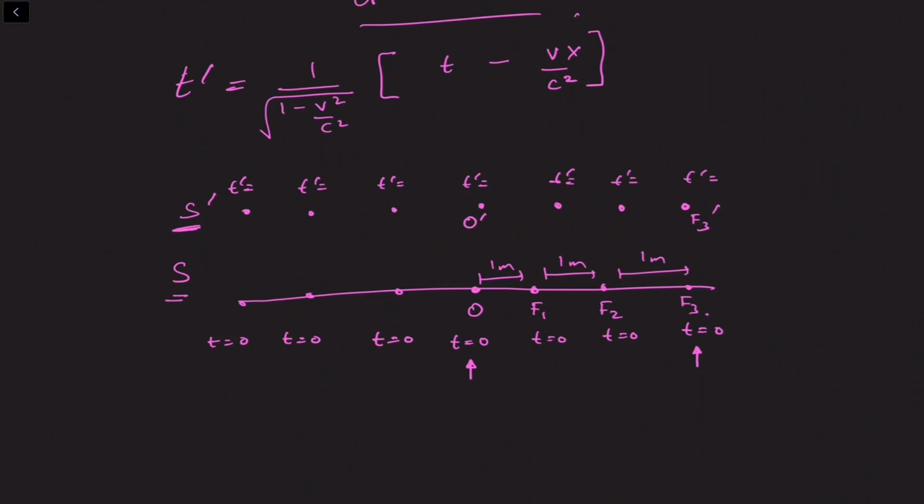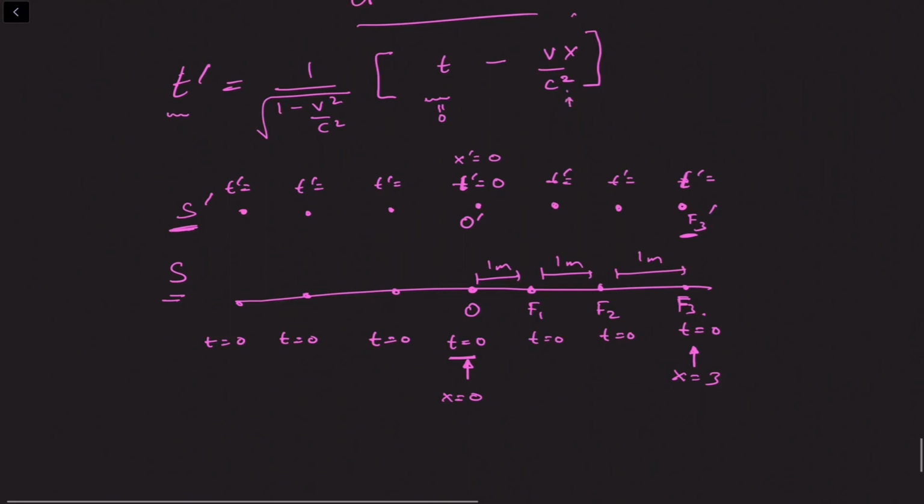How do we see this from the Dictionary of Special Relativity? Well, it tells us that the location x equals 0, t equals 0, which is where O is located, is the same as the location where t prime is 0 and x prime is 0, where O prime is located. So t prime would be 0 here. But if we ask what happens to the time on the clock that friend 3 prime sees when he comes face to face with friend 3 sitting on the platform, from the dictionary this t would be 0, but x would be plus 3.